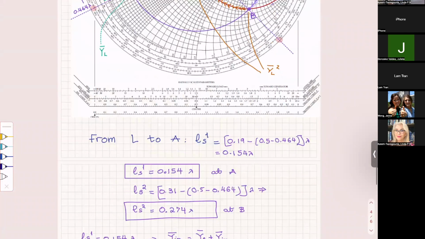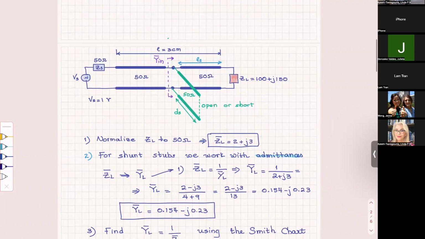So if I go here and I call this A, no, I don't want that A. So A is here where we have the load. Now I call this A here and AA prime here, right?